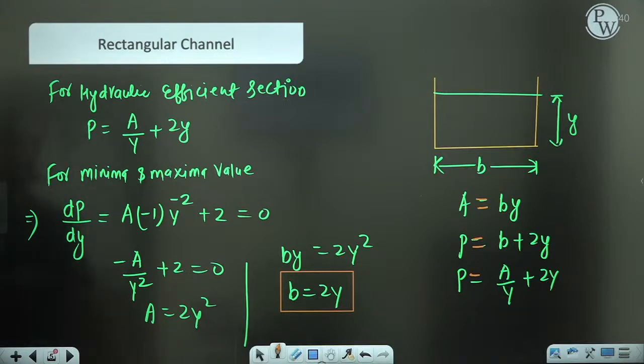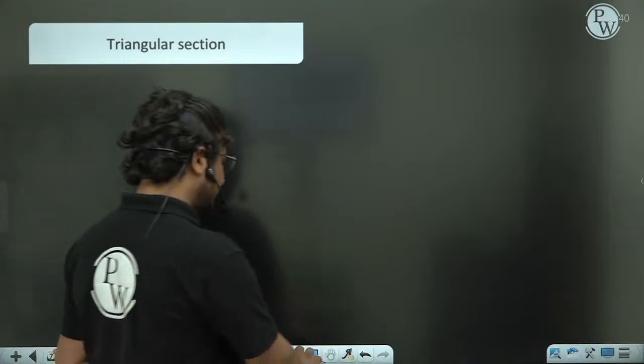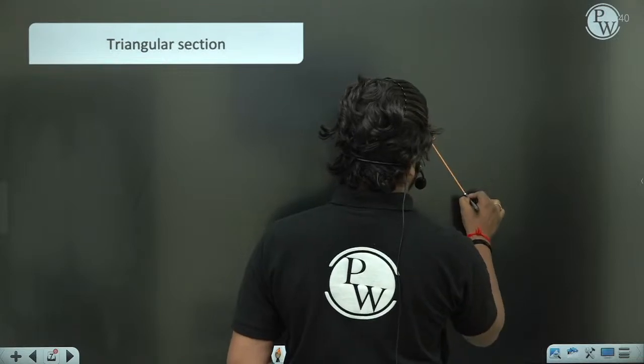Okay. So now I am going to the next part, that is the triangular section. Let me draw a triangular section for you. Now this is the triangular section we are having.